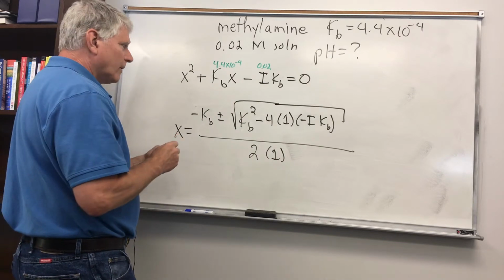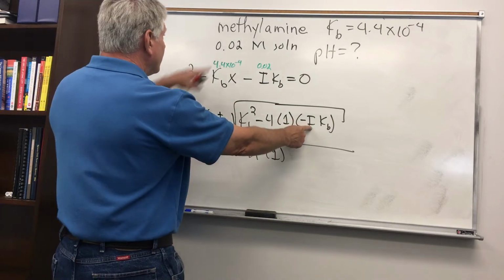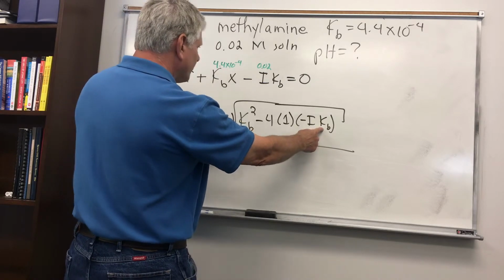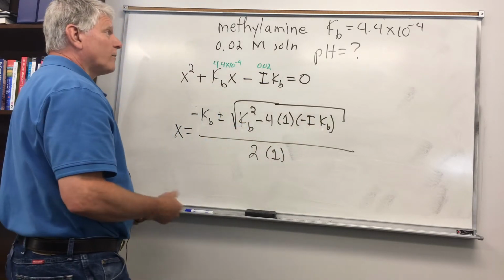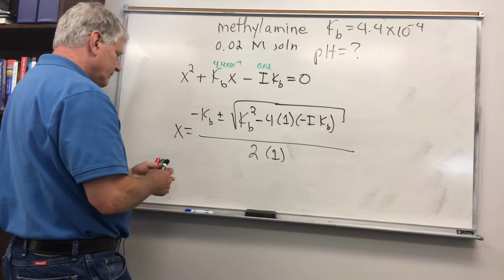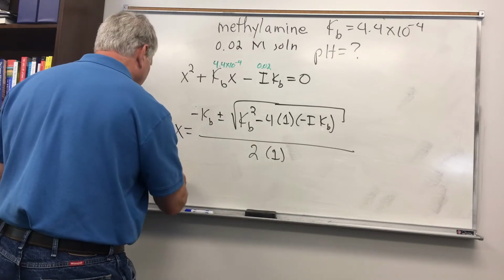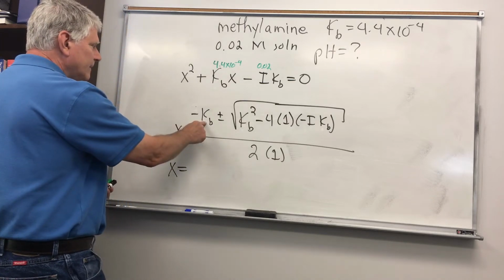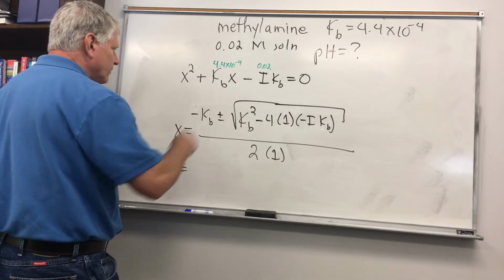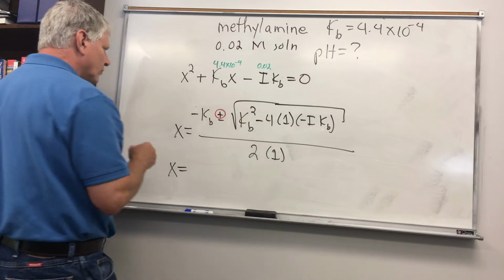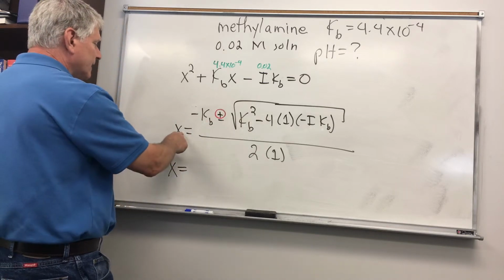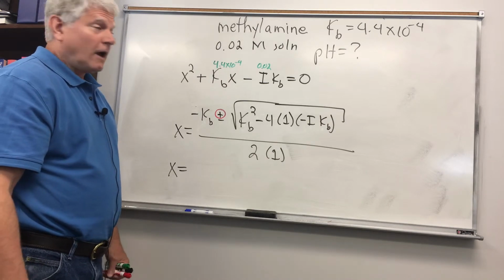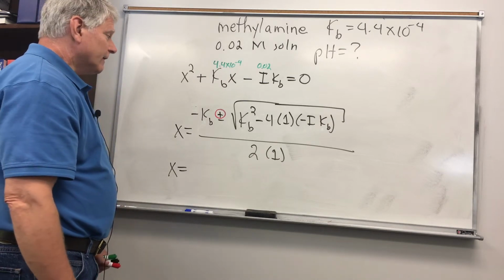So we can plug numbers in here now. The initial concentration is 0.02. Kb, put in these three places, is 4.4 times 10 to the minus 4. So plugging in numbers and solving for X. Now remember, since we're starting with a negative C term, we're only going to use the plus root here because X has to be positive, because it represents the concentration of OH minus.